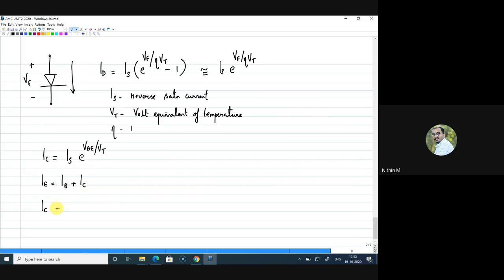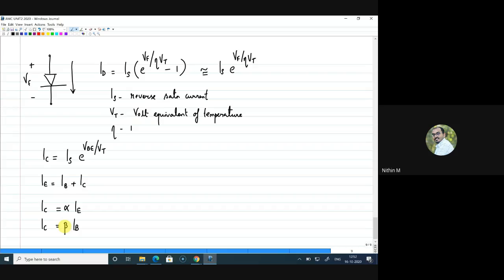Now we should know how these are related. IC and IE are related using a factor called alpha, which we call the current gain factor. Then IC and IB are related by another factor called beta, which is also a current gain.